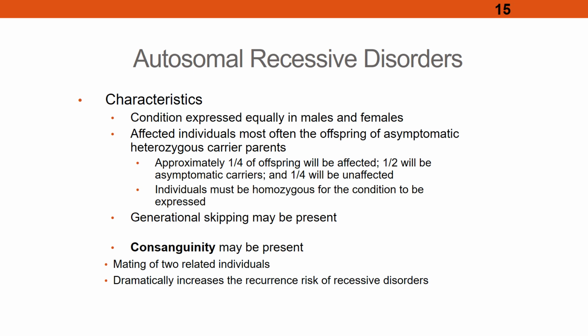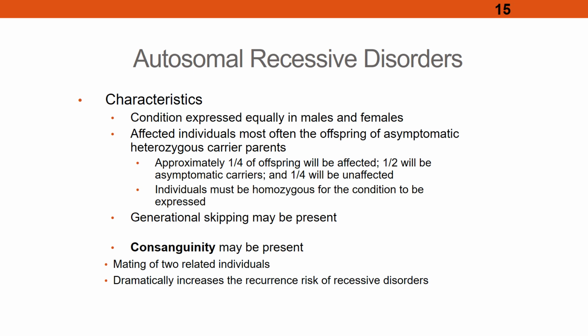In the next slide we will look at it in more detail. For the condition to be expressed, the patient should be homozygous, so should have 2 diseased genes. A generational skip can be present because you need a donation from both parents. In the next generation there may be just 1.